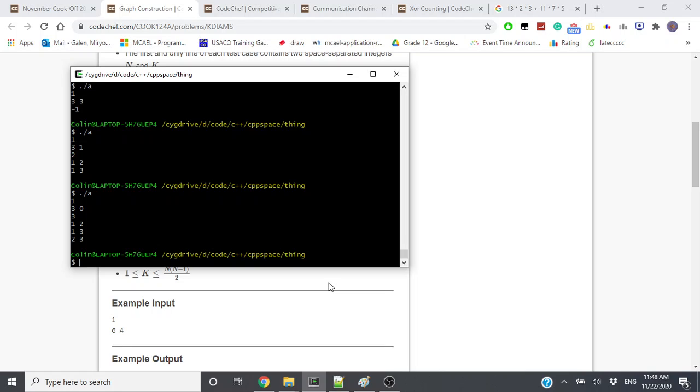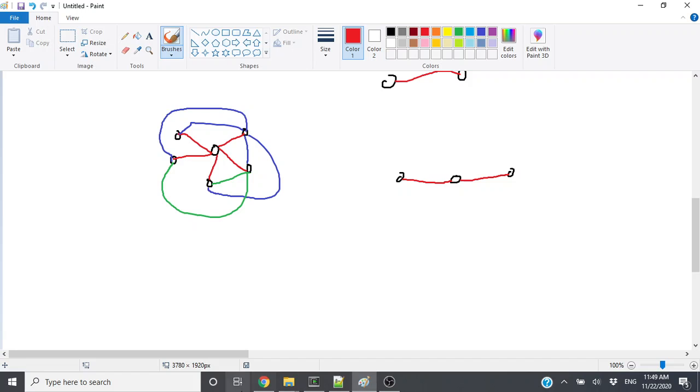Oh wait, actually, with a complete graph. Oh, with a complete graph, then we have a problem. Okay. So the n equals 2 case kind of generalized, and I missed that. Huh. So with a complete graph, for example, like here, then we can get exactly n times n minus 1 over 2. That's fun.